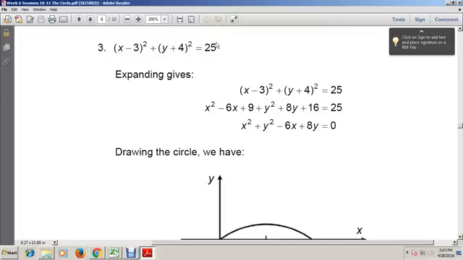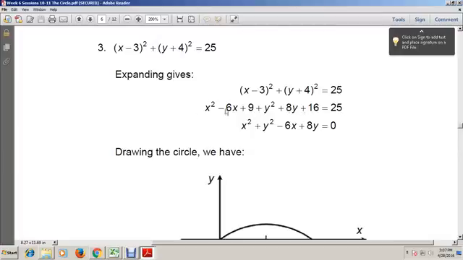The given radius is equal to 5, so 5 squared becomes 25. This is the standard form. Now for the general form, again we get the square of the given binomials. (x minus 3) squared is x squared minus 6x plus 9. (y plus 4) squared becomes y squared plus 8y plus 16, then equals 25.